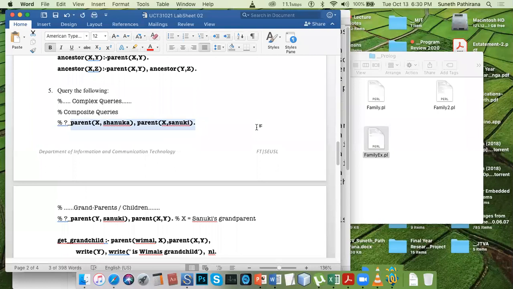That means the query can be complicated rather than making the rules and facts complicated. So you can ask queries that are complicated. That means you can ask some specific question. You can specify more conditions. You can introduce more conditions.